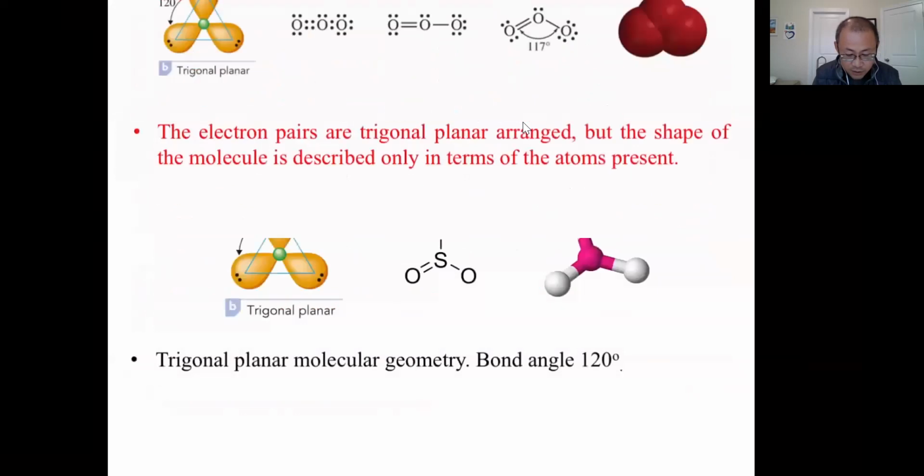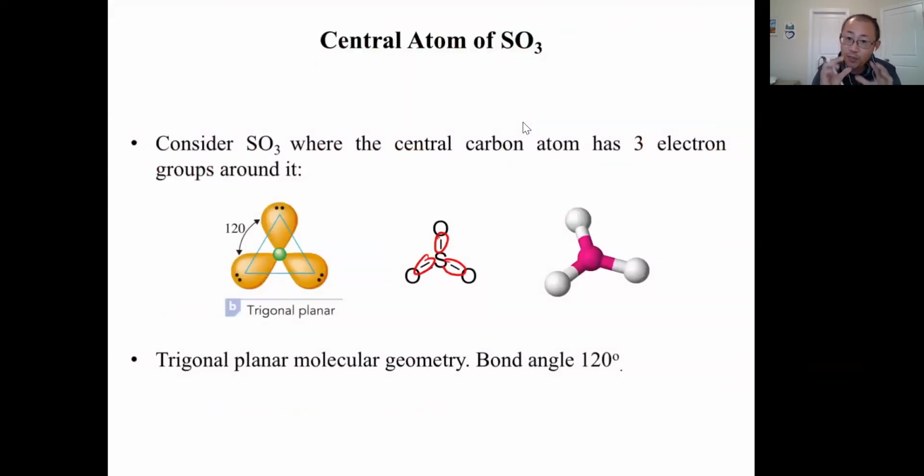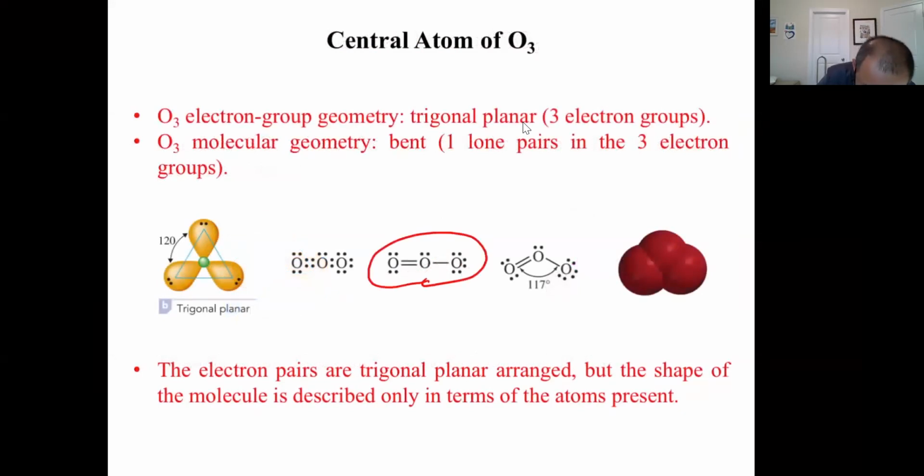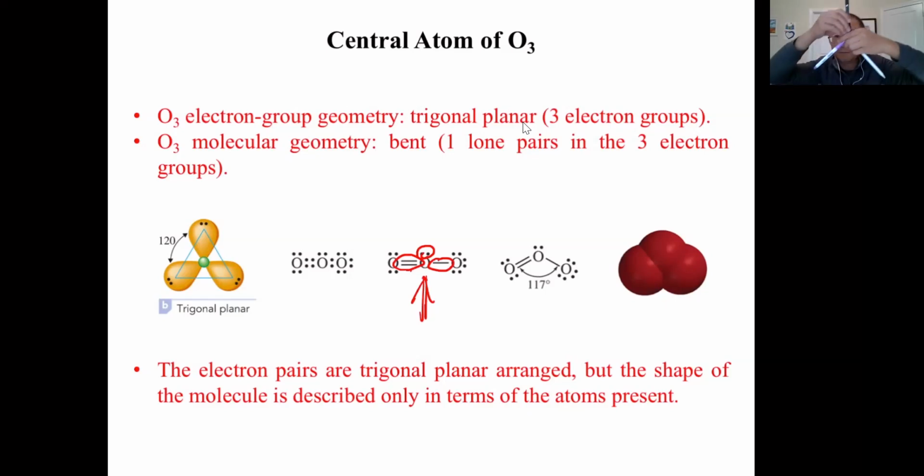Sulfur trioxide has 3 groups, and ozone also has 3 groups, because the central oxygen has 1 lone pair, 1 single bond, and a double bond. So on the central oxygen, it still has 3 different groups: 1 lone pair, 1 single bond, 1 double bond.